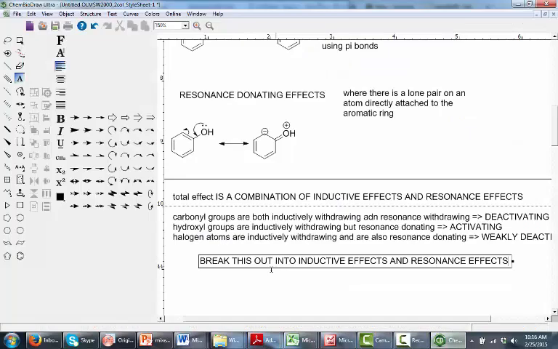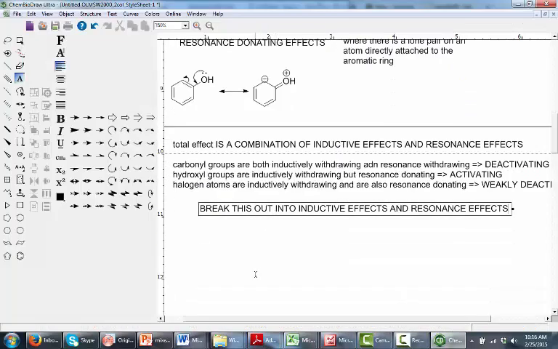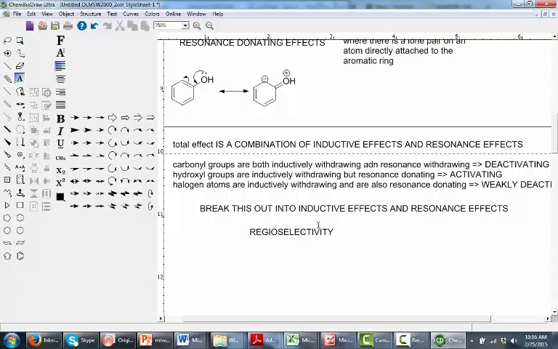What we can also do is look now at the particular functional groups and how they affect the regioselectivity. So let's go back now to the regioselectivity effects and start talking about specific groups.